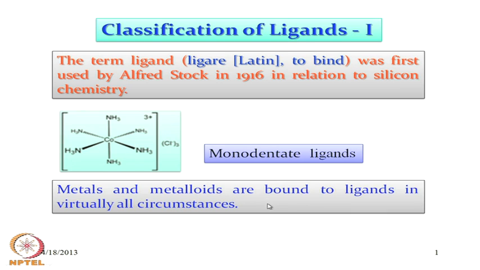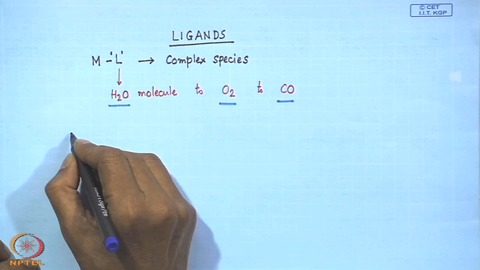They can also interact when the available group is not a water molecule but a dioxygen molecule. So, metal can interact with the dioxygen molecule, and dioxygen can function as a good ligand. Similarly, the toxic carbon monoxide gas can also interact with the metal center as a monodentate ligand.